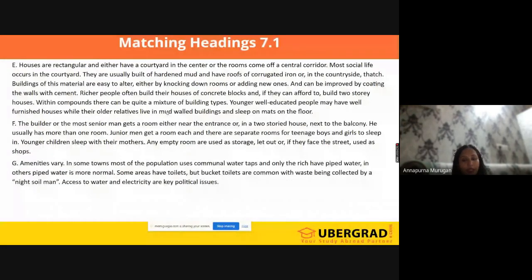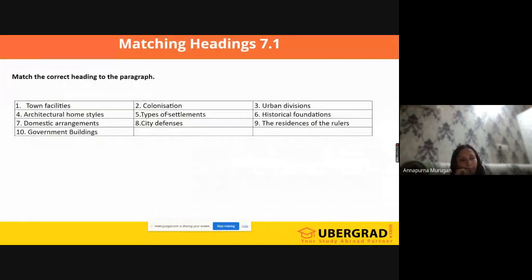Now, I have read only that. Tell me, what is it talking about? Whether it is talking about town facilities? No, right? It is not talking about town facilities. Facilities means, in the town we have this, we have that. They're talking about the classification. Towns are classified into two types.